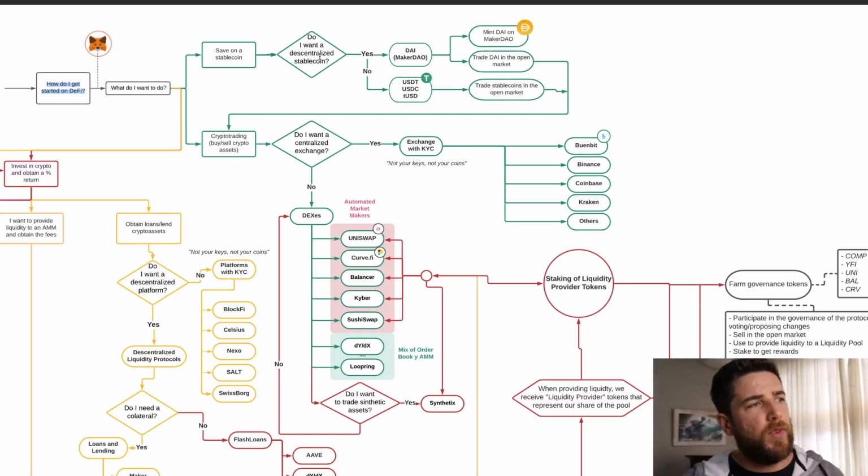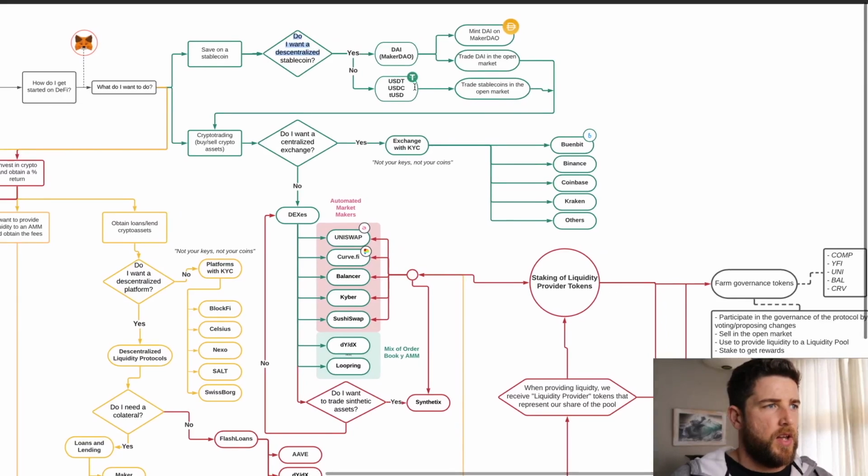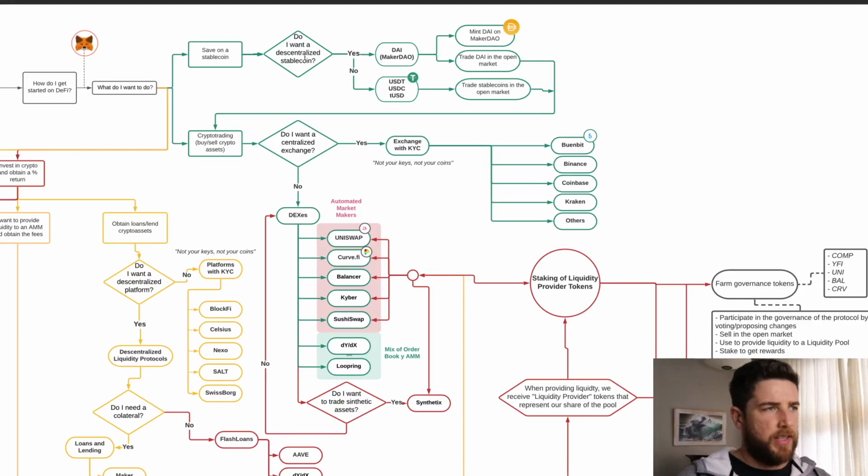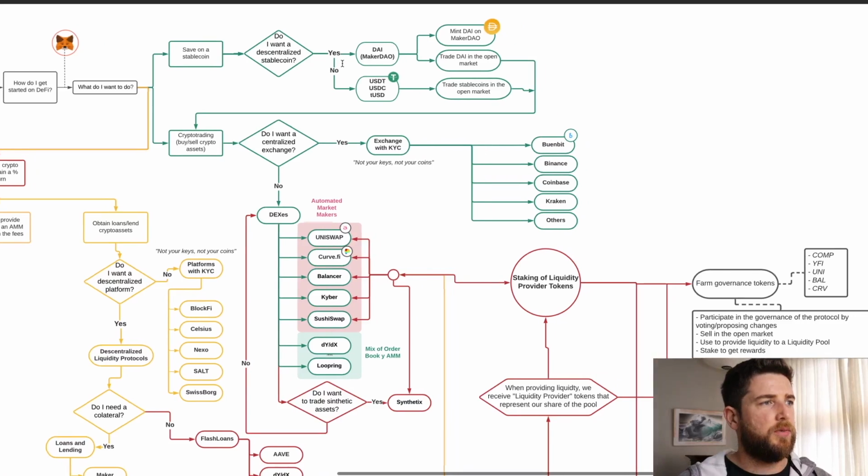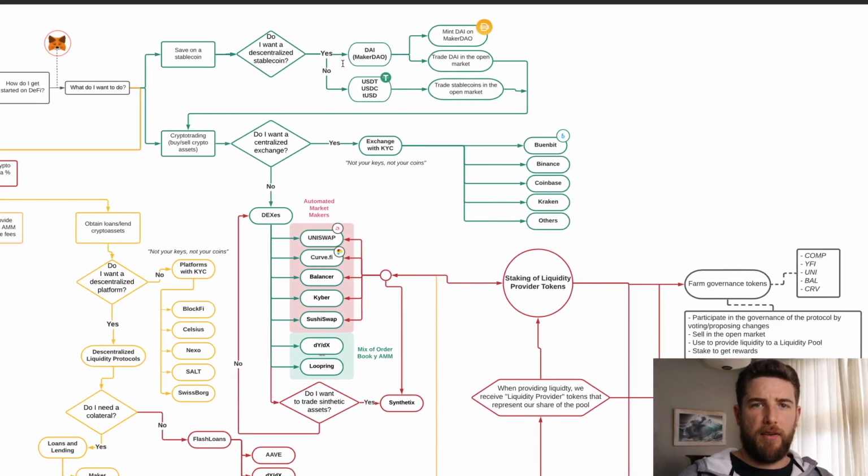The next question that you need to ask yourself is, do I want a decentralized stablecoin? We are not going to go into all the details of decentralized versus centralized, but you need to be aware that you can have centralized stablecoins or decentralized stablecoins.